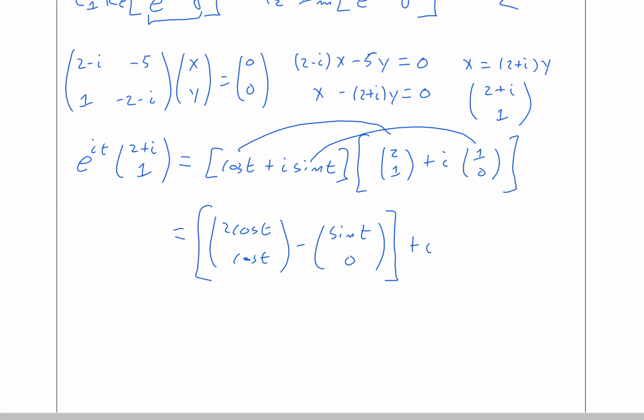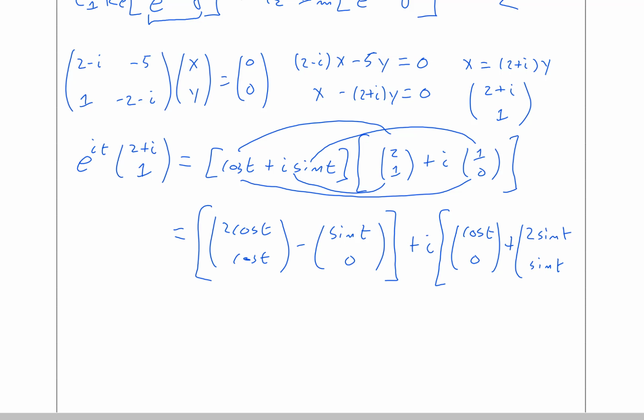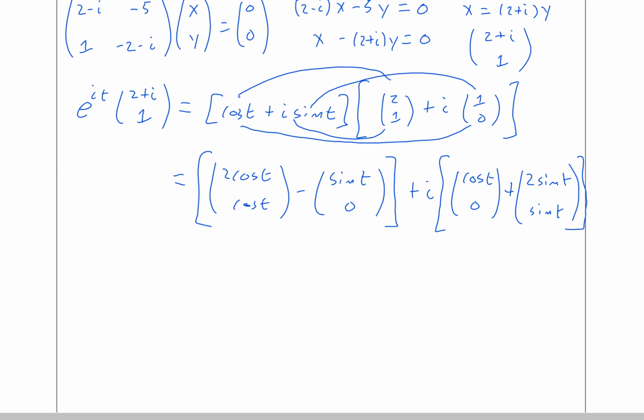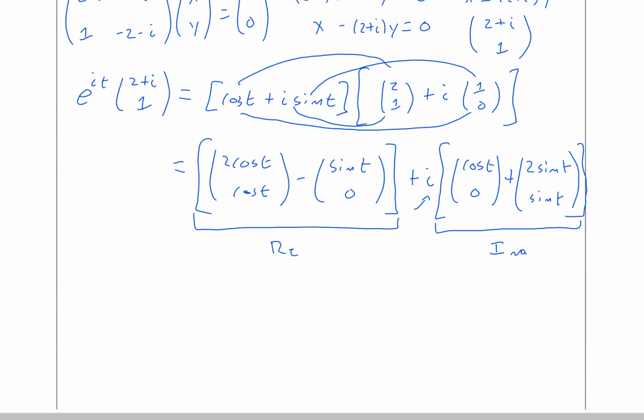For the imaginary part, cosine t times the imaginary vector is going to give me an imaginary vector, so I'll have (cosine t, 0), plus i sine t times that vector will give me an imaginary vector, (2 sine t, sine t). So this part in the brackets is the real part, and this part in the brackets is the imaginary part. i is not part of the imaginary part. It's the thing that's multiplying by i that is the imaginary part.